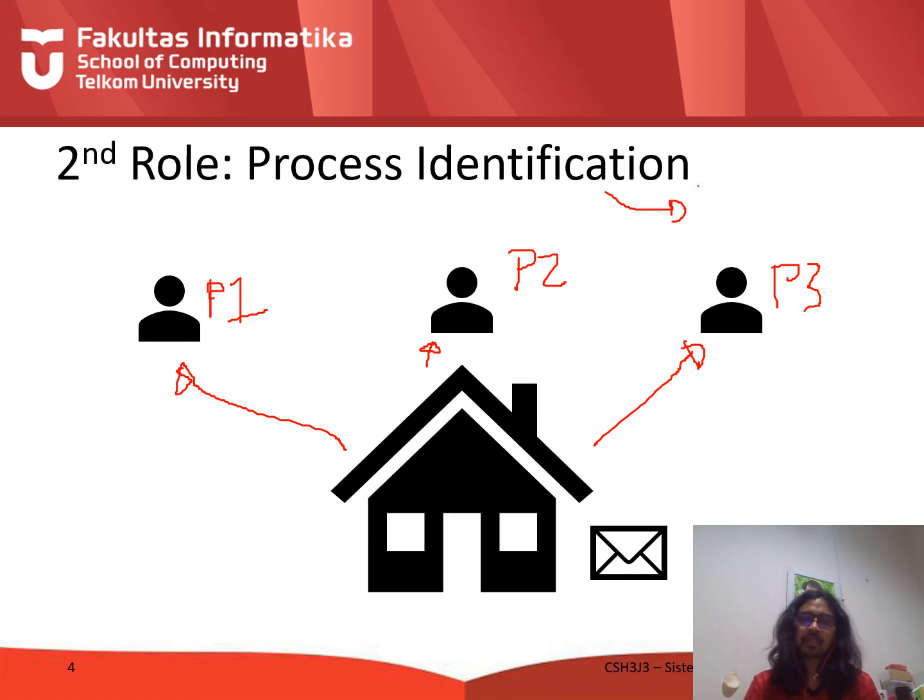This is called a port number. If you have heard of a port number, that is the process identification of the transport layer. And the famous port number is of course 80 or 8080, which is HTTP.